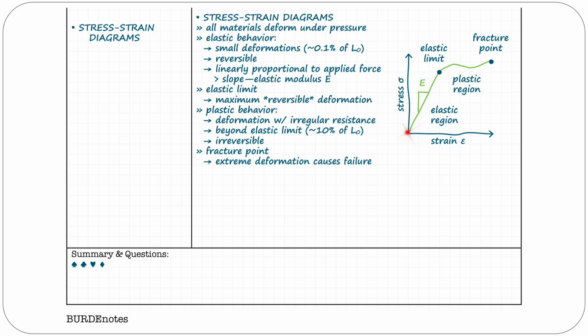The elastic region here has a linear relationship between the stress and the strain, and the slope is the elastic modulus. So this is how you would measure the elastic modulus in the lab: apply a force, calculate the stress resulting from that force, and measure the resulting strain. And for very small strains, that would be effectively a straight line.